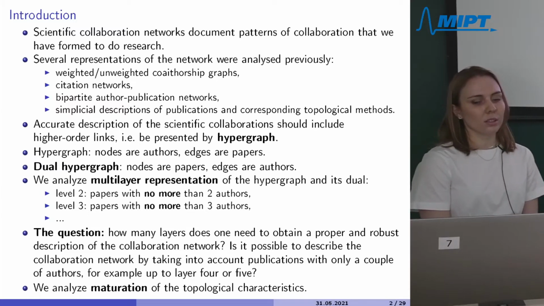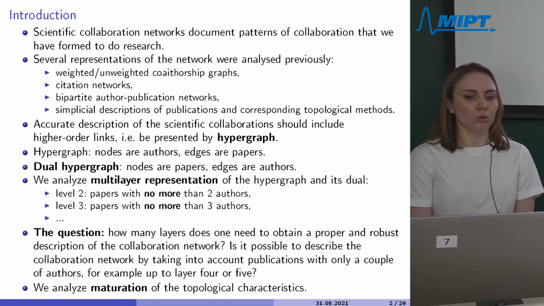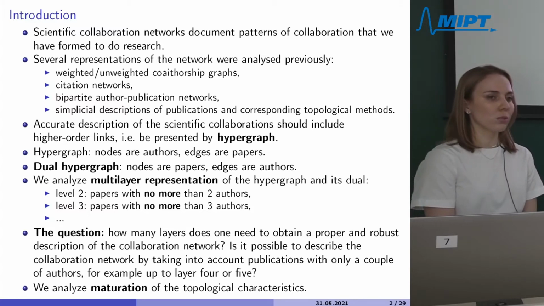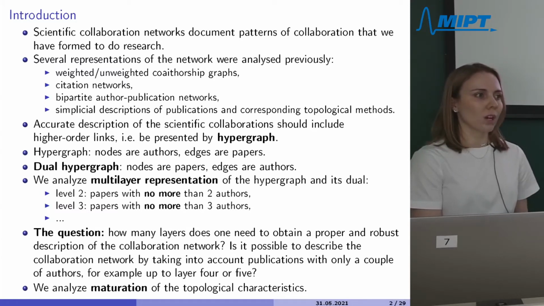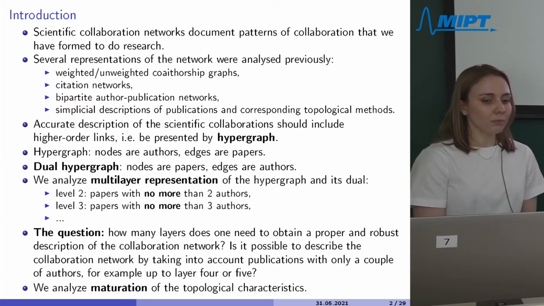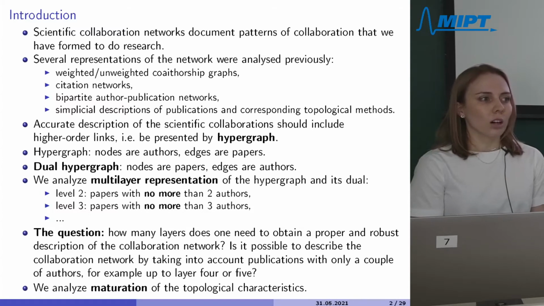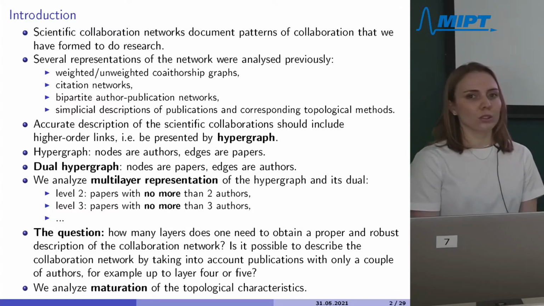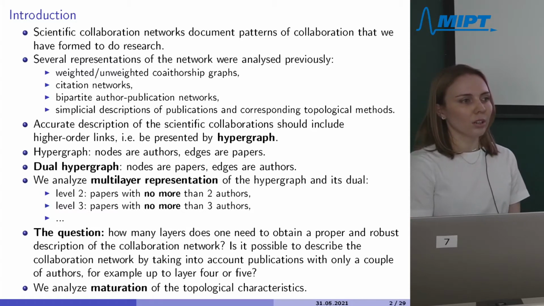In this layer, we put only papers with no more than 2 authors. Then we go to the third layer, where we add papers with 3 authors. So we have papers with 2 authors and 3 authors, and so on. And the main question is, how many layers do we need to obtain a proper description of the network?